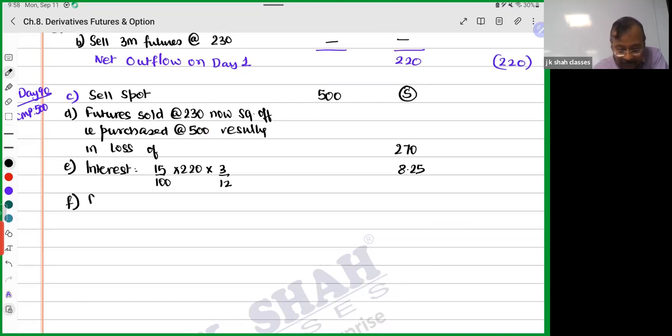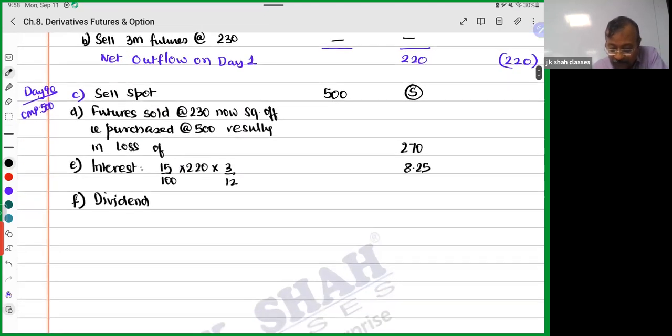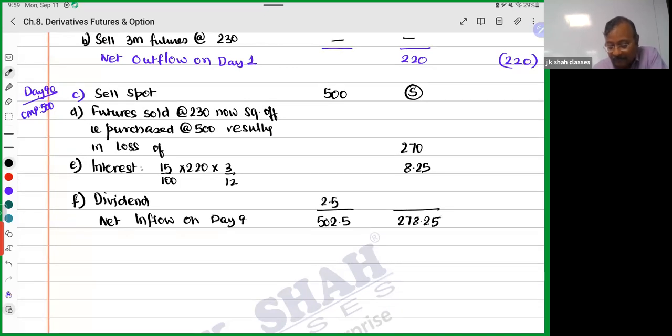And dividend 2.5 inflow. Okay, so 502.5 and this is 278.25, net inflow on day 90, 224 point.